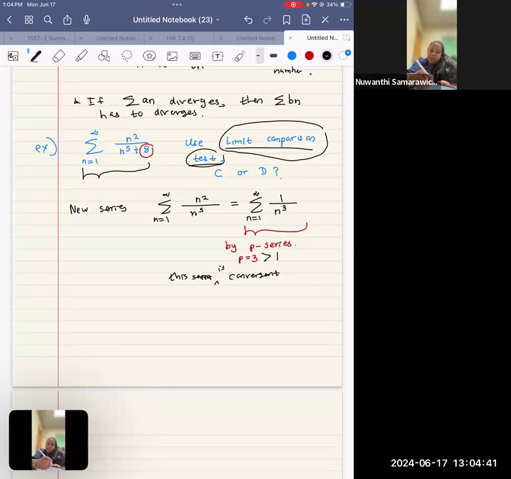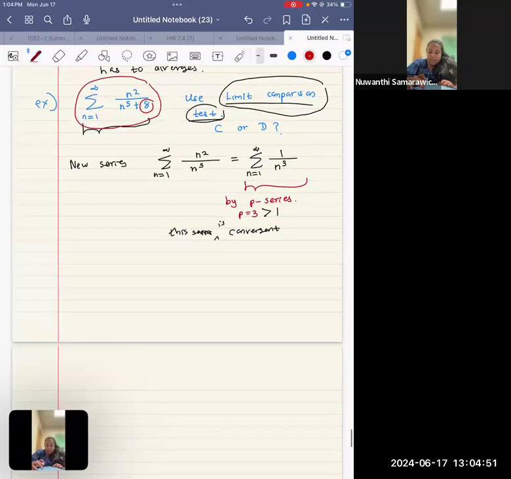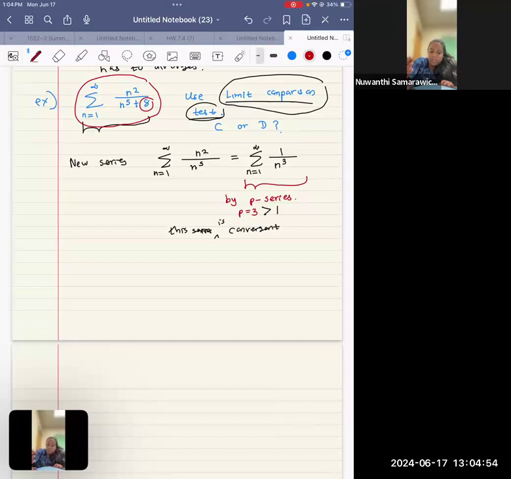But we are not done yet because we need to know what happens to our original series. So we are going to use the limit comparison test. If one series is convergent, we can show this one is also convergent. How to use a limit comparison test? We have to check when n approaches infinity, a sub n over b sub n.